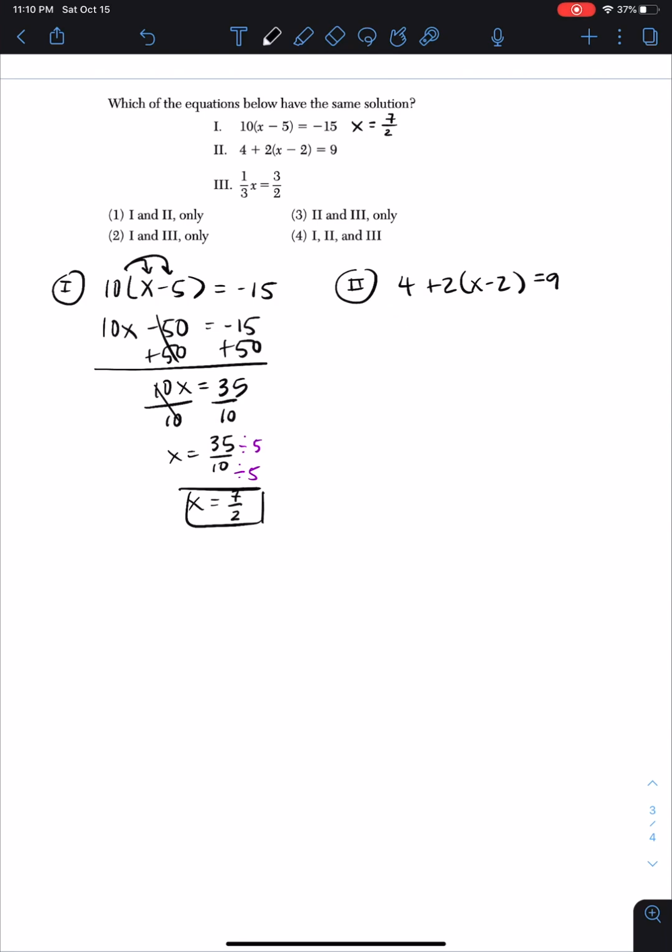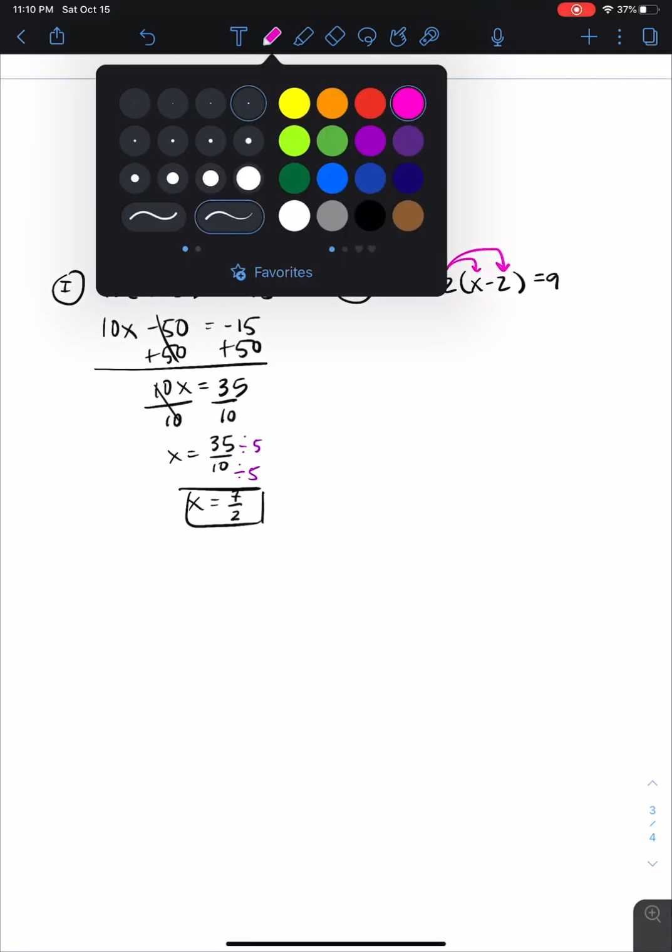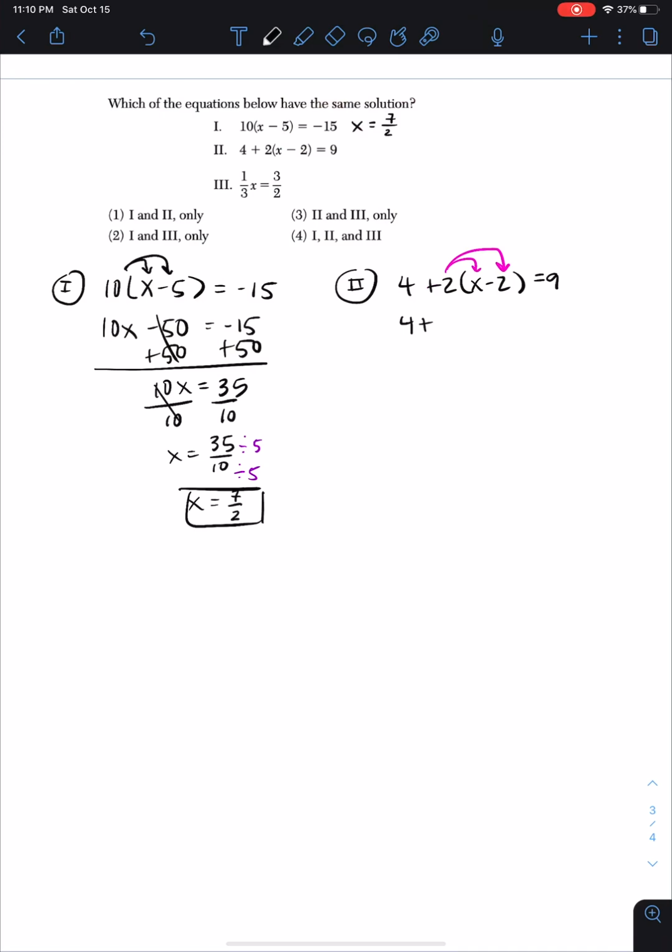Okay, so here I'm going to distribute the 2 into the x and into the negative 2. So we're left with 4 plus the 2 times x distributed leaves us with 2x, and 2 times negative 2 leaves us with negative 4, and then we have 9. When we combine like terms here, we see that we have 4 and negative 4. So 4 minus 4 is actually 0.